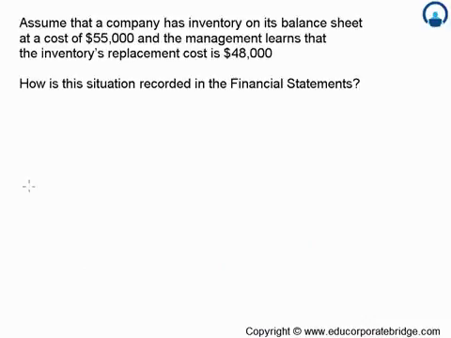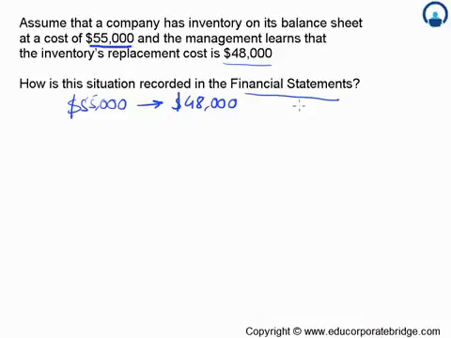So let us take an example here. Assume that the company has an inventory on its balance sheet at a cost of $55,000 and the management learns that the inventory replacement cost is $48,000. So essentially inventory has gone down from 55,000 to $48,000. What should we do in this case where we are talking about financial statements like the balance sheet, income statement and cash flows?